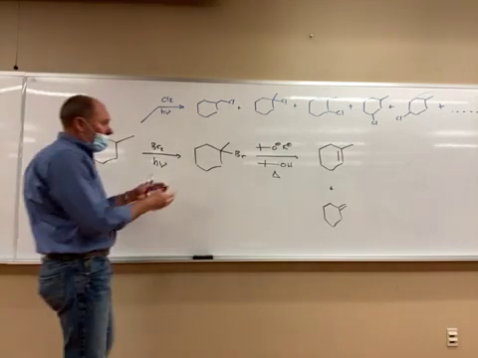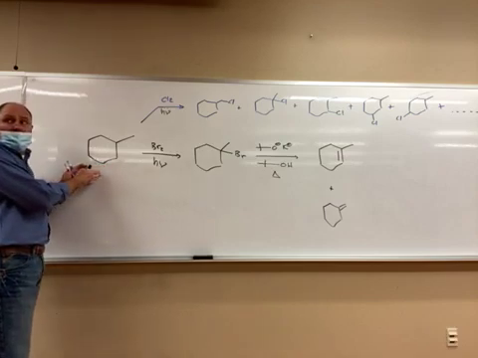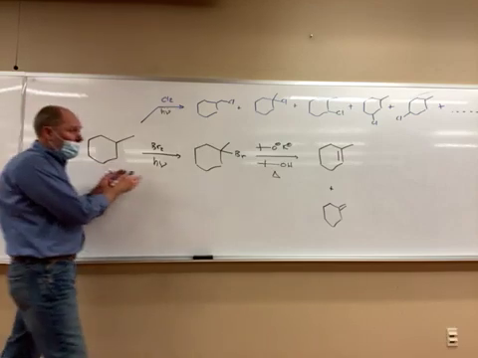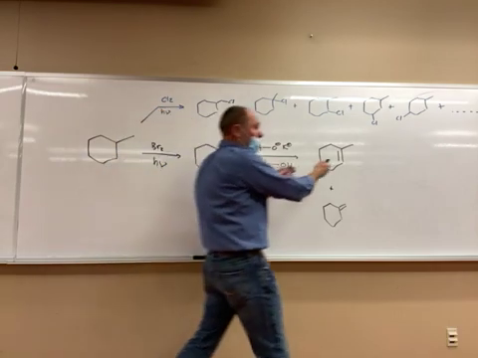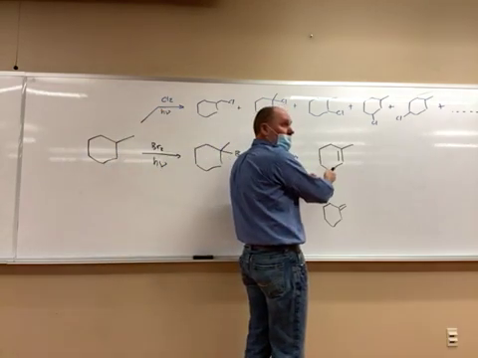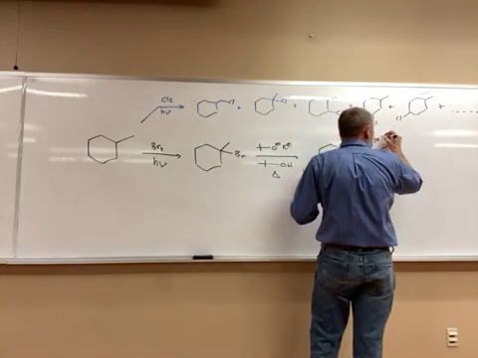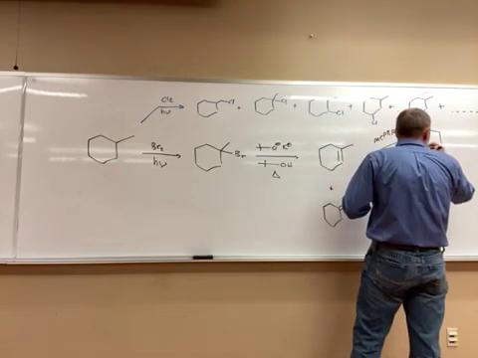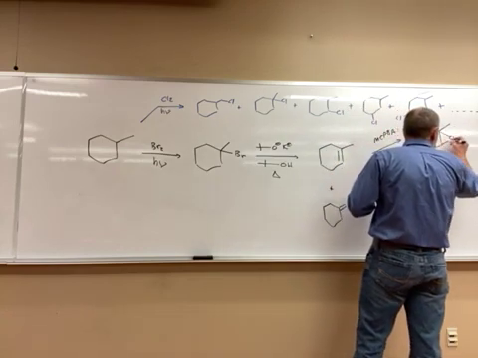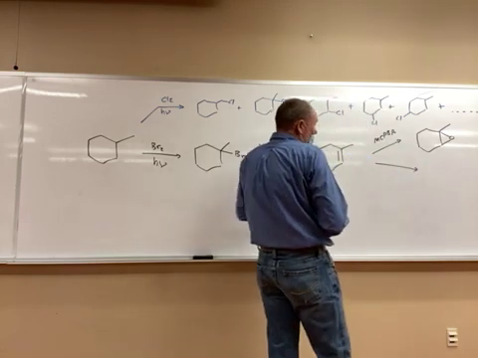I went from, again, a very non-reactive alkane to an alkyl halide that's a good leaving group to an alkene. Oh dear, now we have a lot we can do with that. We could hit this with MCPBA, and we could form an epoxide. Okay. We could hit this with, what else?